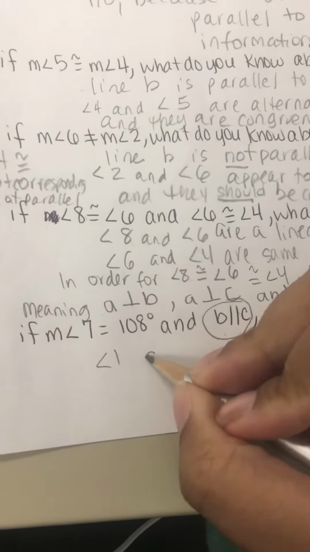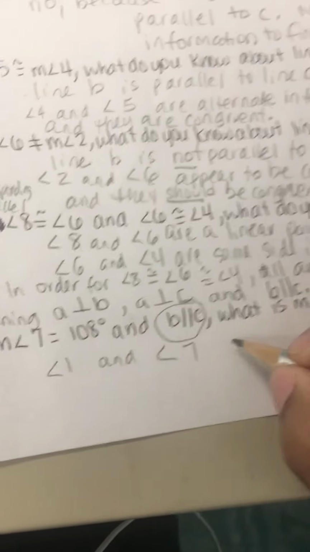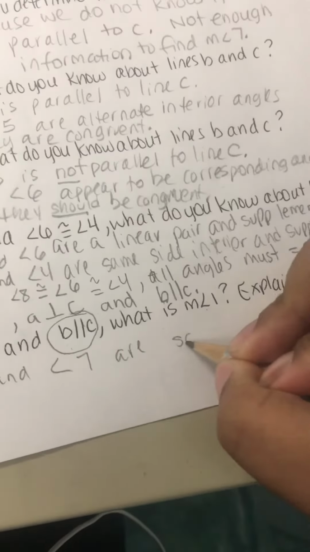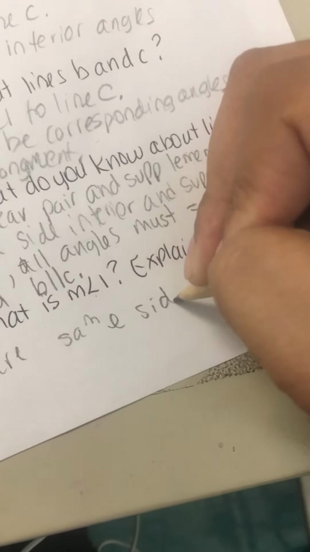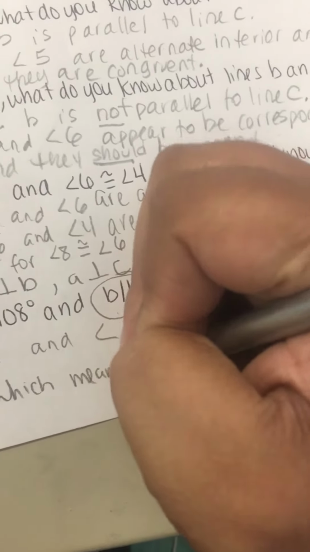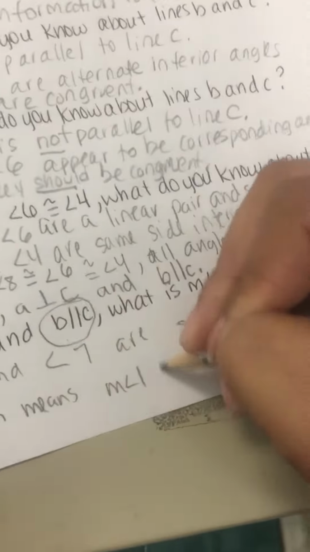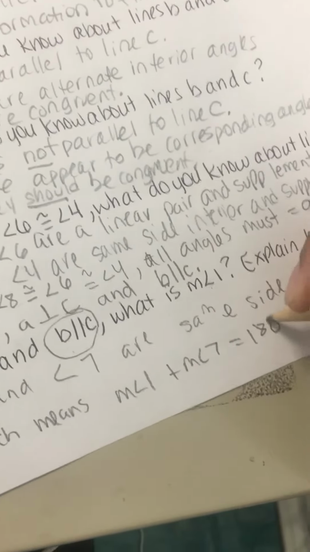Angle 1 and angle 7 are same side exterior. So that means the measure of angle 1 plus the measure of angle 7 would be equal to 180 degrees.